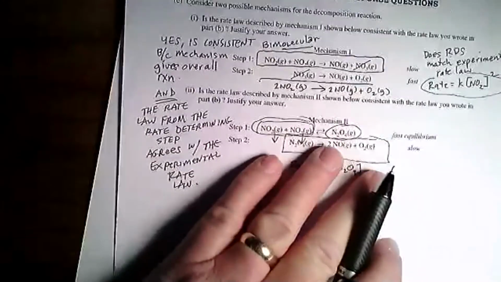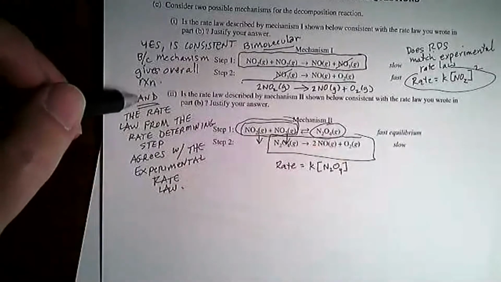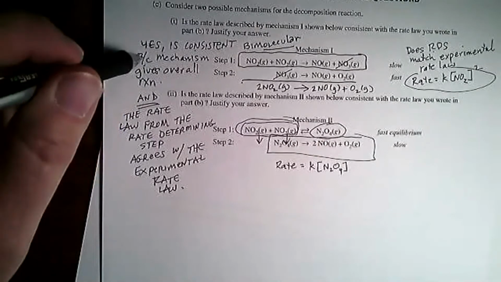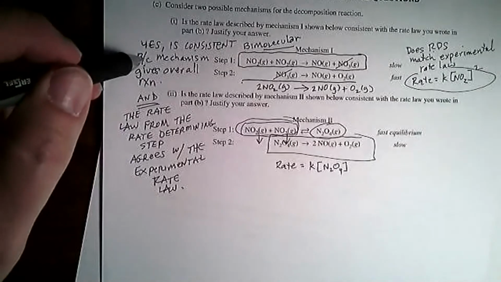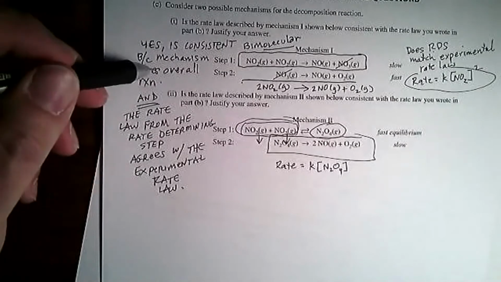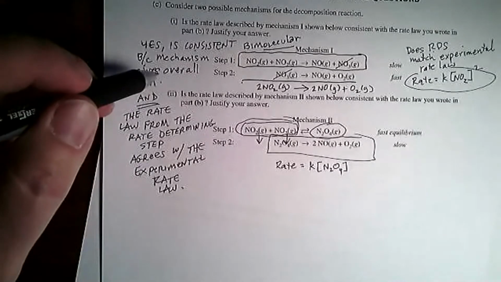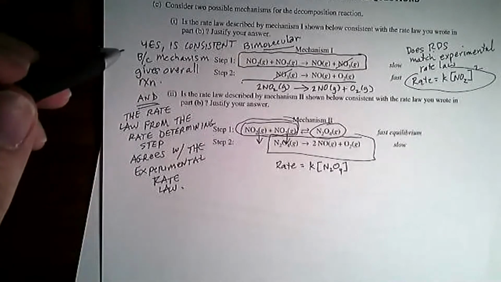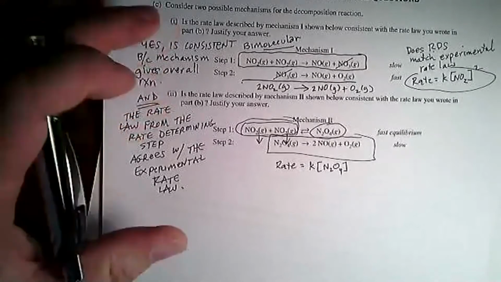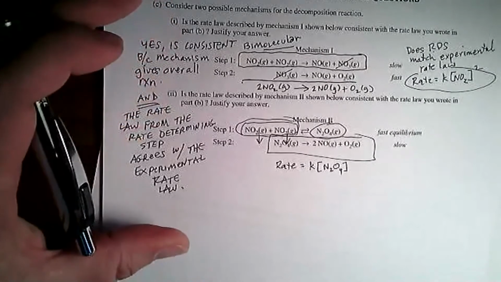I do want to leave you guys with this on these questions, and that is that remember that just because a mechanism is possible, just because it meets these two requirements, does that necessarily mean that it absolutely positively is the mechanism for the reaction that they're describing in this question?